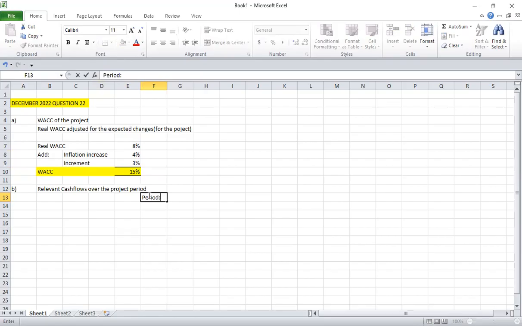Somebody, go back to additional information number 1. We are told that Trex is estimated to have a useful life of 5 years commencing which year? 2023.